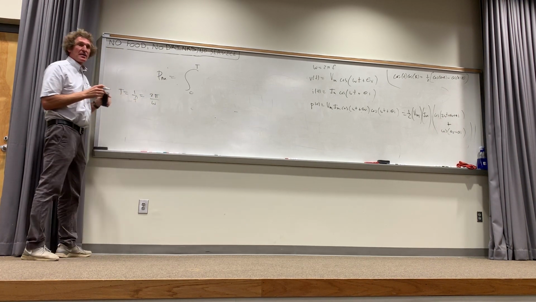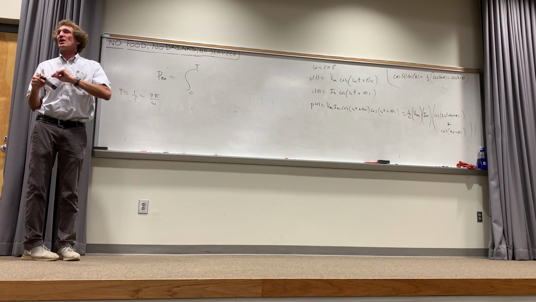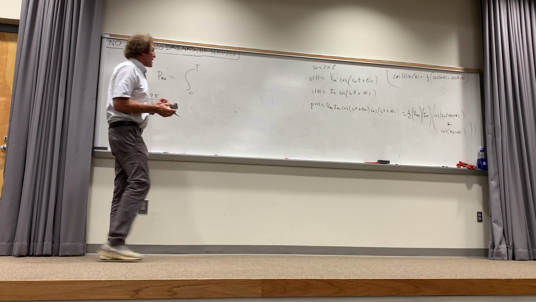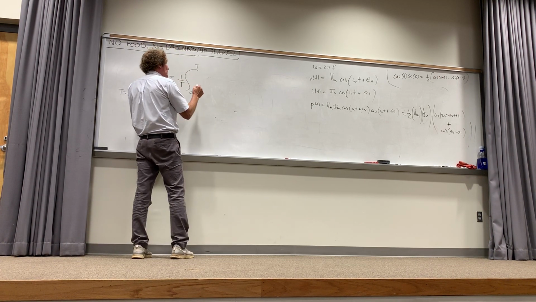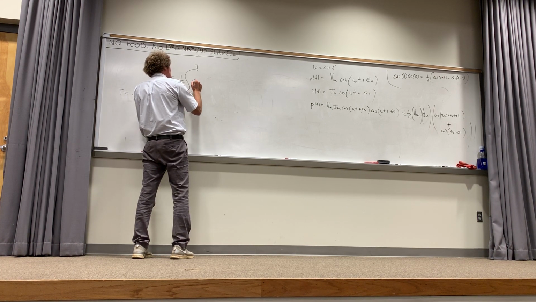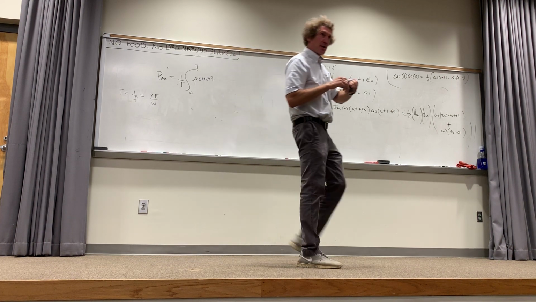There are a lot of different ways to talk about the period with respect to periodic signals. Average power is 1 over T, the integral from 0 to T of p of t dt.